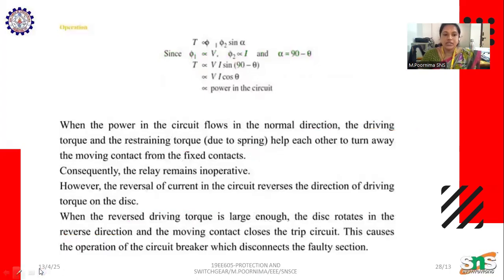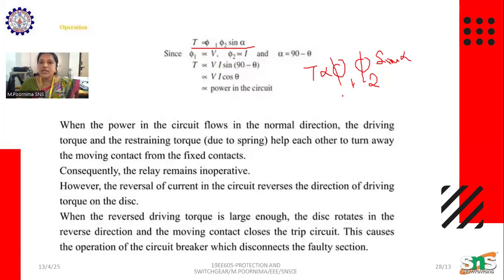Coming to the formula, the torque produced to rotate the aluminum disc is directly proportional to the flux produced in the first, upper coil, and the flux produced in the lower coil, with sine alpha.